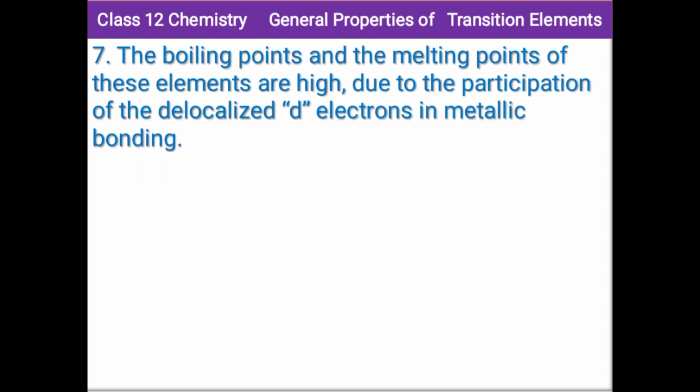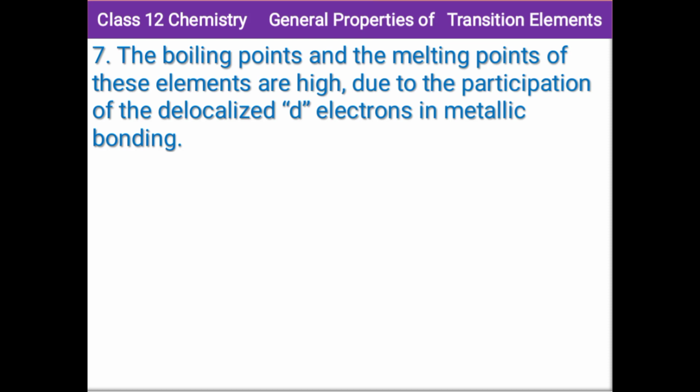Number 7, the boiling points and melting points of these elements are very high due to the participation of the delocalized d electrons in metallic bonding. You know that the metallic bond is stronger if many electrons participate in it. So they have d electrons, and all these electrons are capable of making metallic bonds.